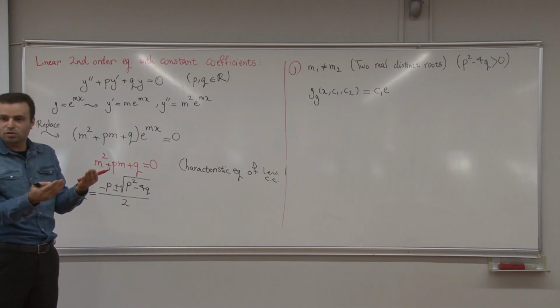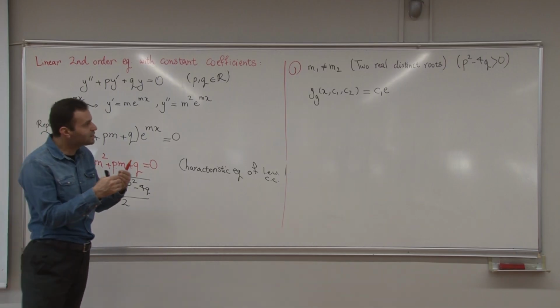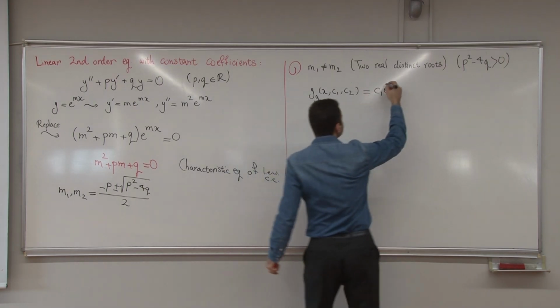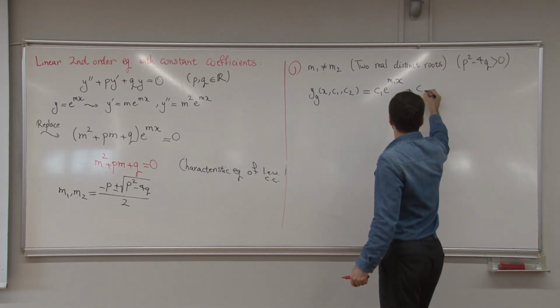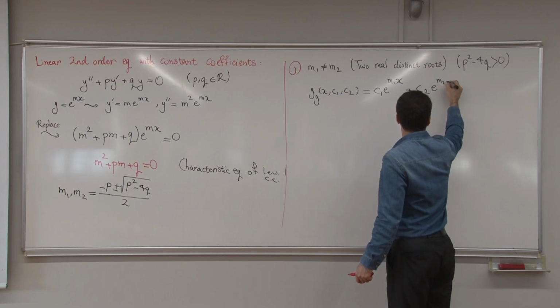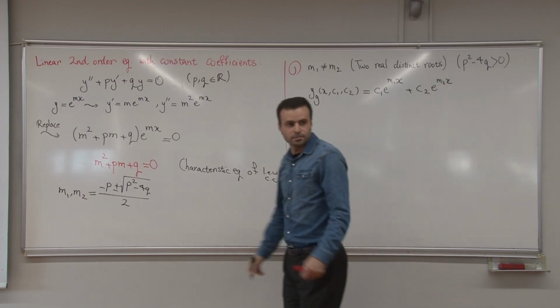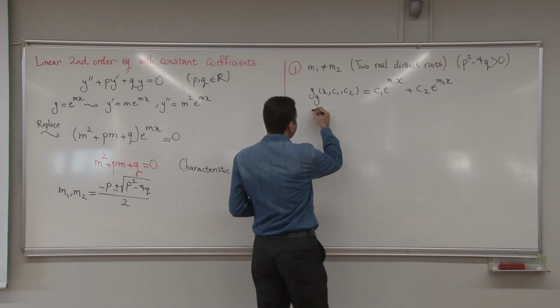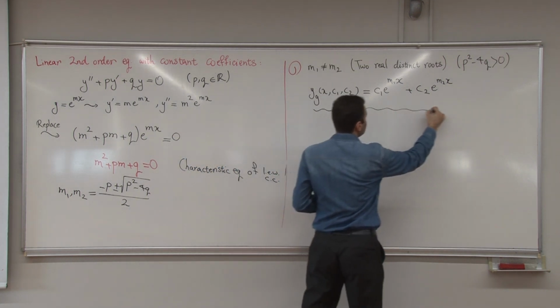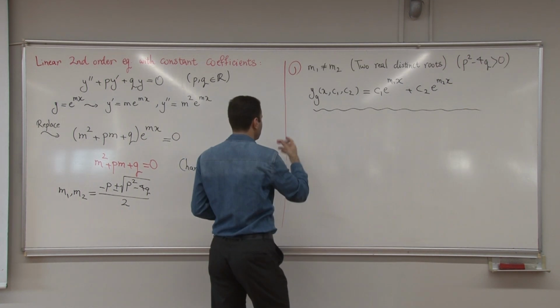So they are actually linearly independent. Since they are linearly independent, I can write the general solution as c1 e to the power of m1x plus c2 e to the power of m2x. Okay? We have discussed this, so that's why I'm passing.